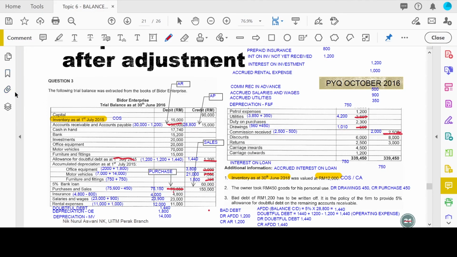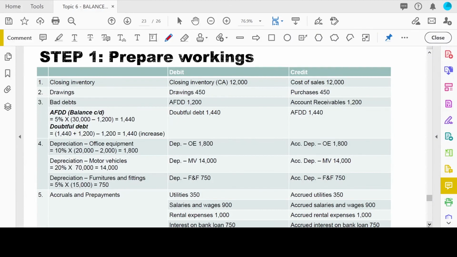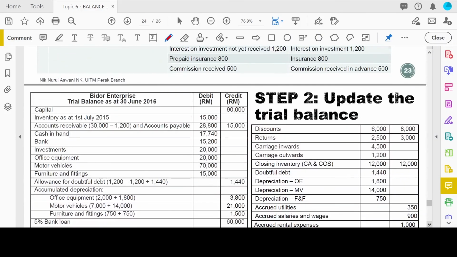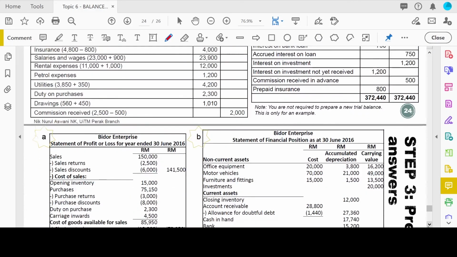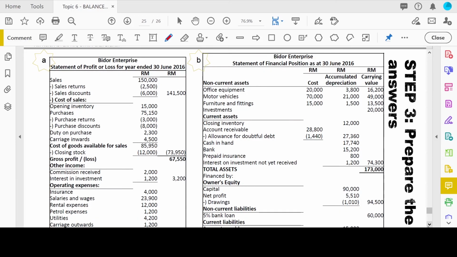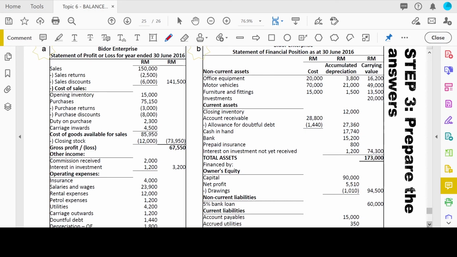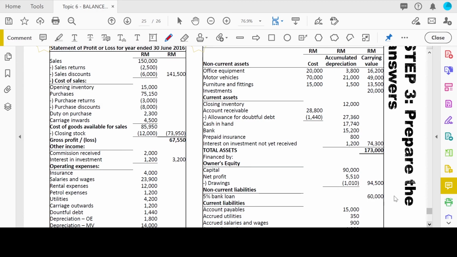Then we are going to prepare the final accounts. You transfer revenue and expenses to the statement of profit or loss, and then prepare a statement of financial position by showing the assets, the equity, and also the liabilities. So this should be the answer.